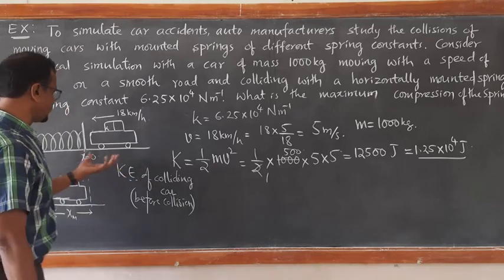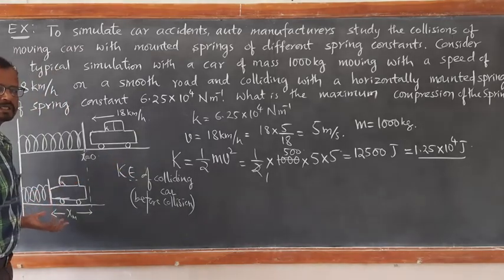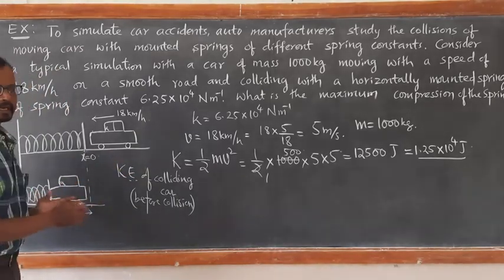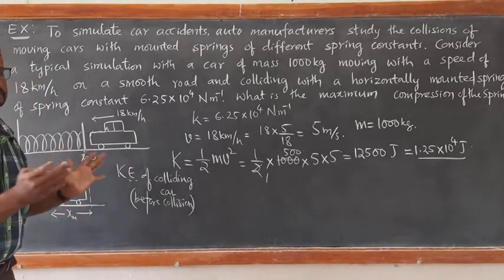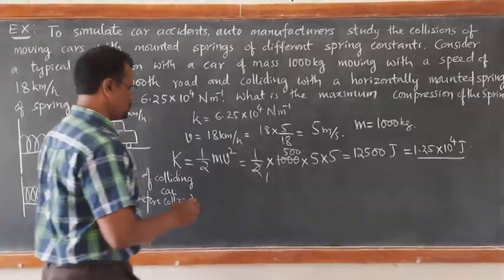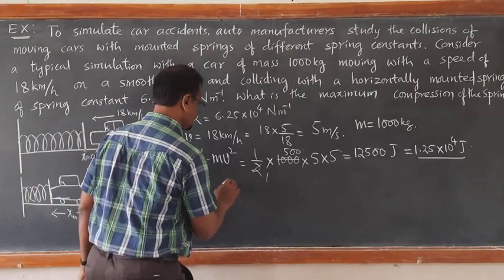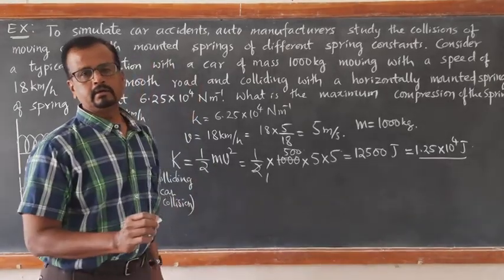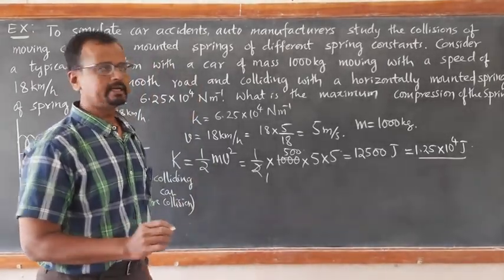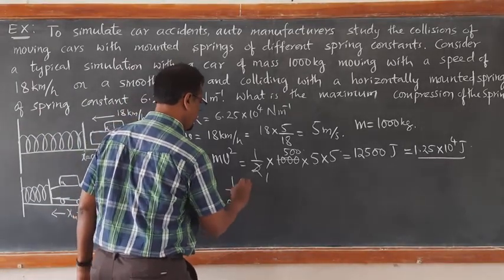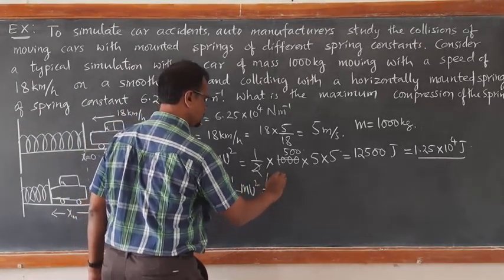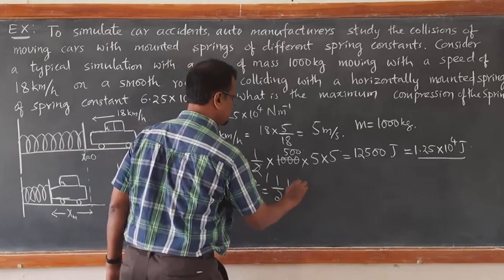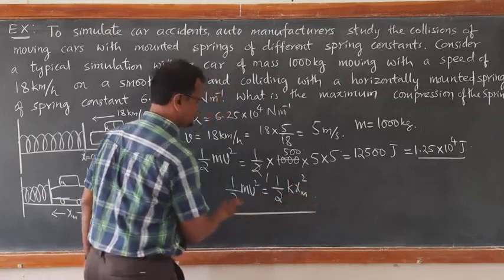So this entire kinetic energy is converted into potential energy when it collides with the spring. So the spring possesses potential energy. Using this, invoking the conservation of mechanical energy, half mv square must be equal to half k xm square.